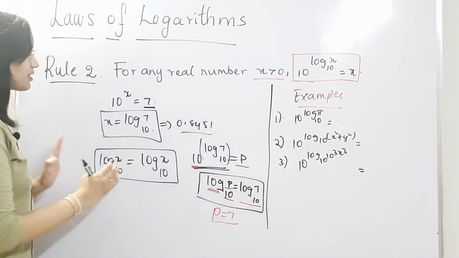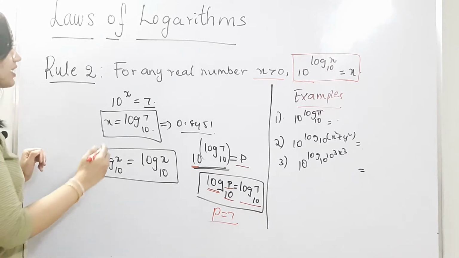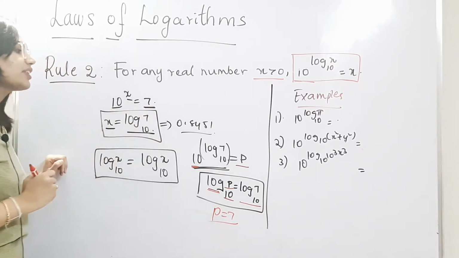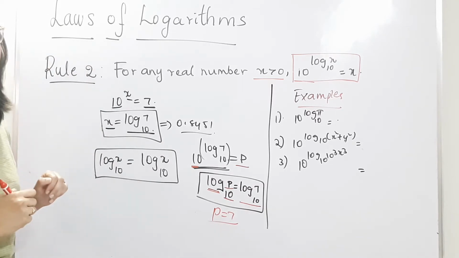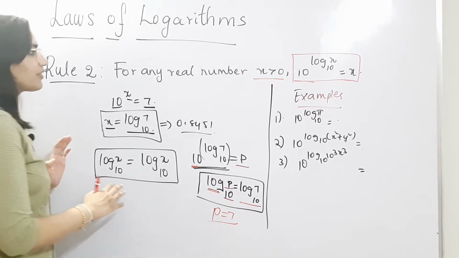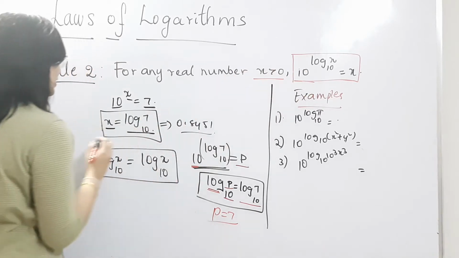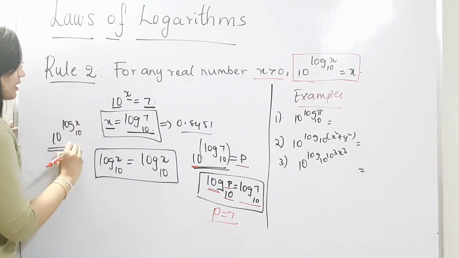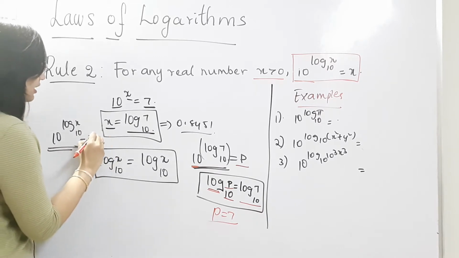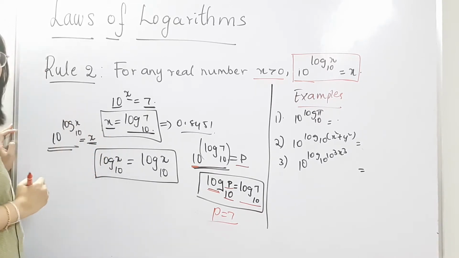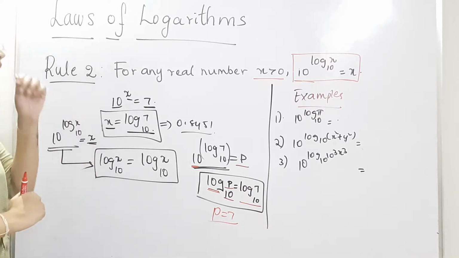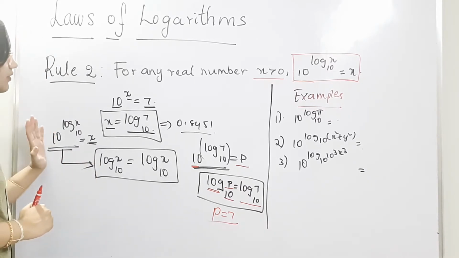And if you see here, the same concept I have applied. I have said that 10 to the power of x is 7, and we know that x is log 7 to the base 10. What I have done is I have taken 10 to the power of log x to the base 10 as some value. Again, I am saying that this is x only. Then I have converted that into a logarithm. What did we get when we convert exponent to logarithm?